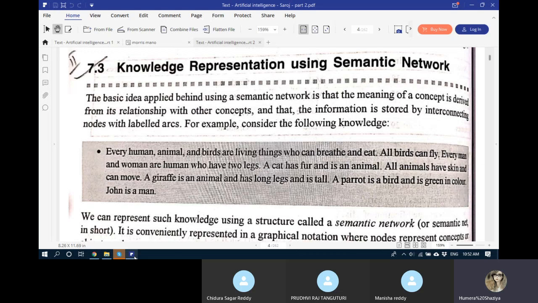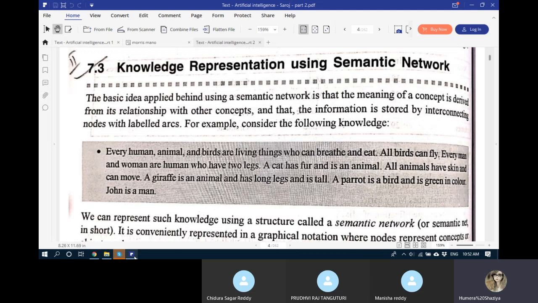So, what does this mean? This means that human, animals and birds are all living things. And what is common in all of these? All of these will breathe and eat. All birds fly. What does this imply? It implies that only the birds fly.